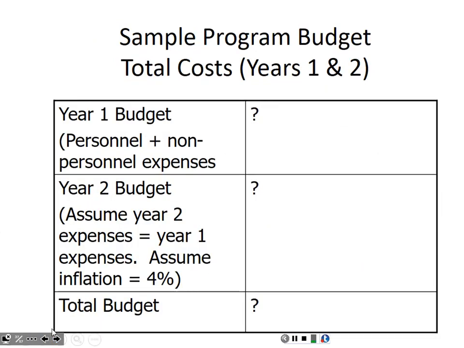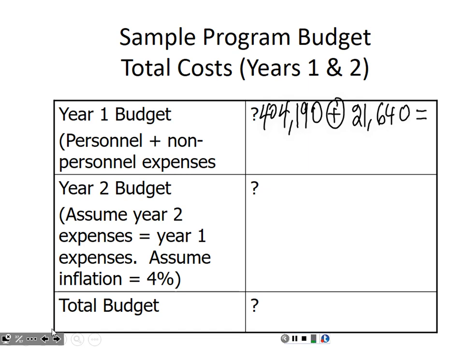Okay. So what was the personnel budget? 404,190 plus the non-personnel 21,640.